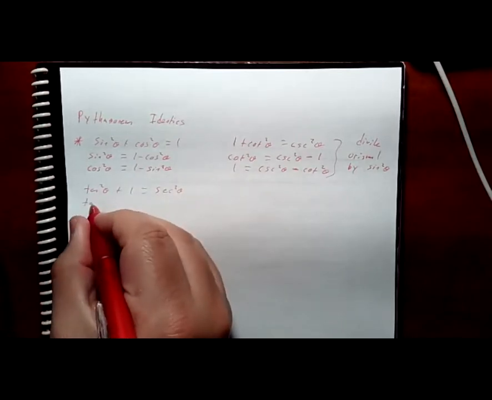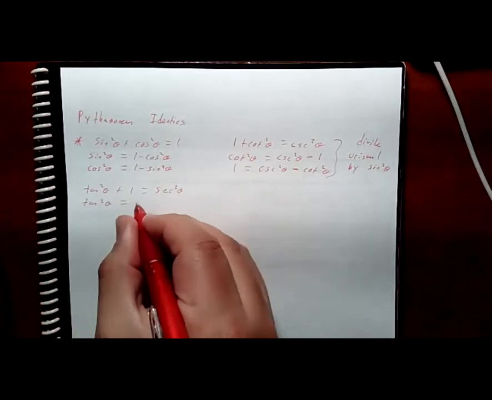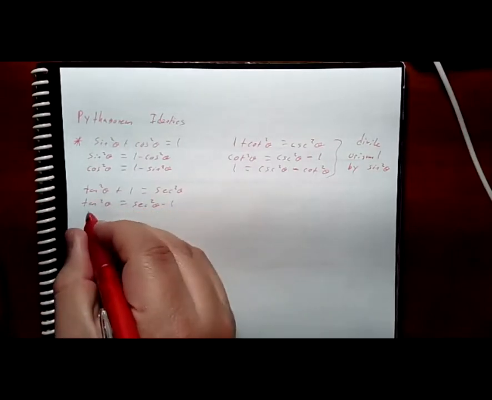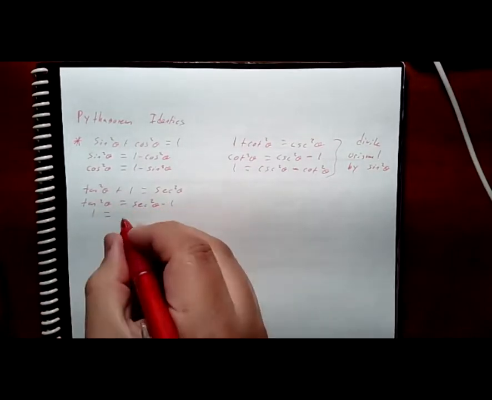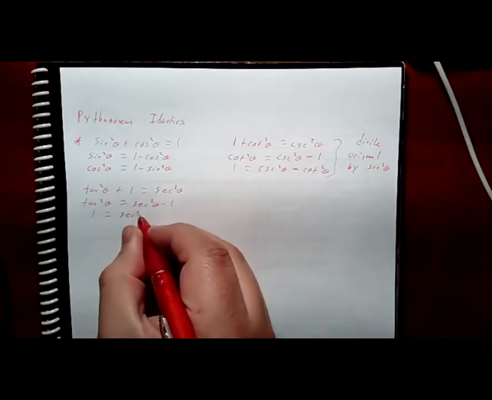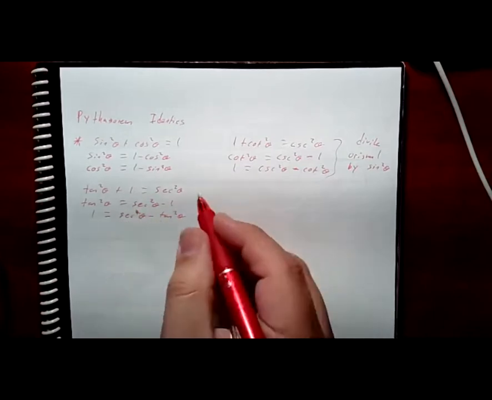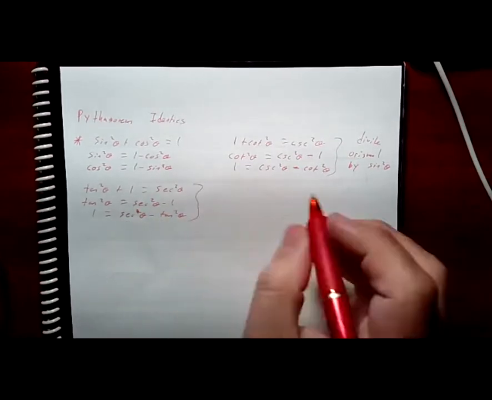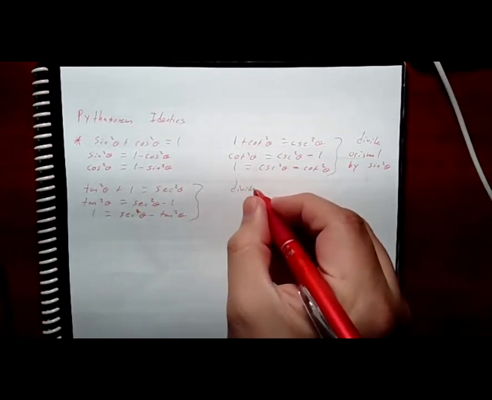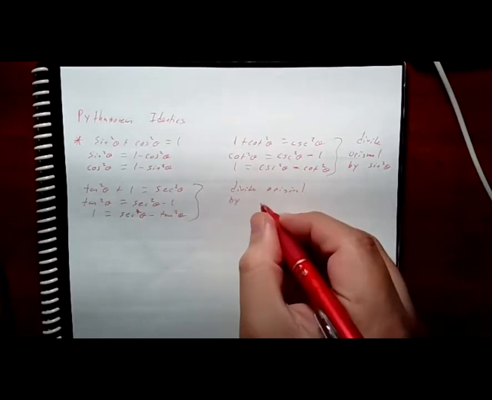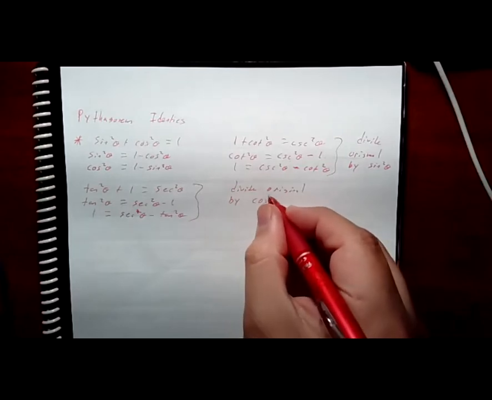Subtract the 1 over, you get tangent squared theta equal to secant squared theta minus 1. Subtract the tangent and you get 1 equal to secant squared theta minus tangent squared theta. So this came from, you divide the original by cosine squared.